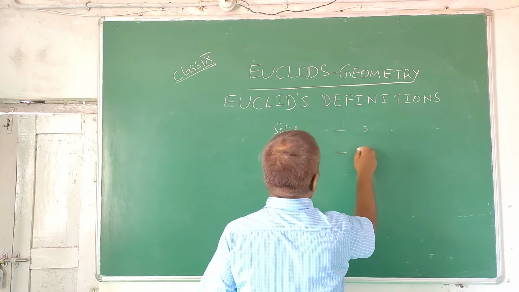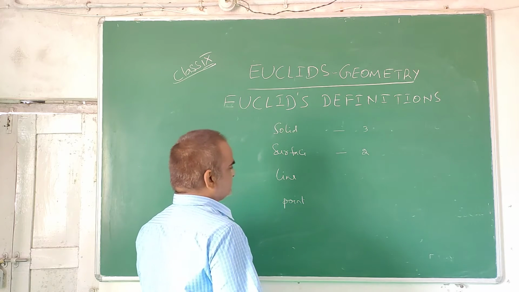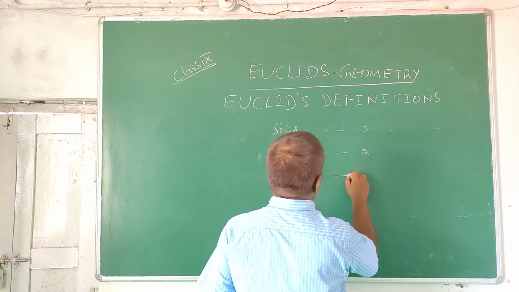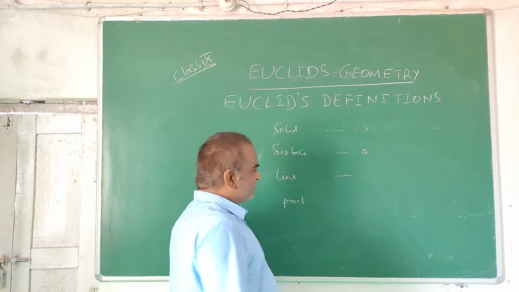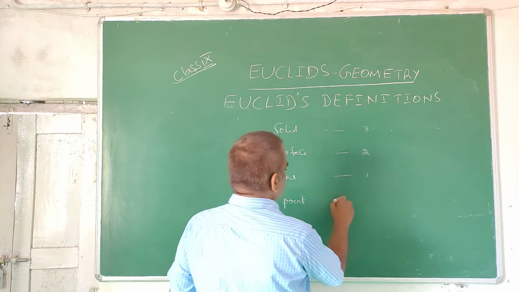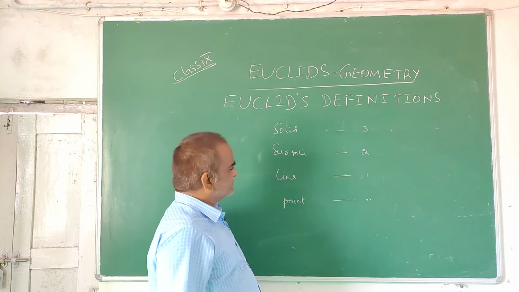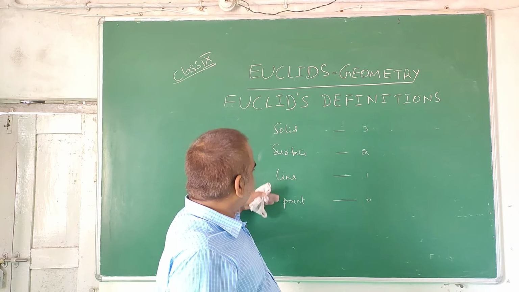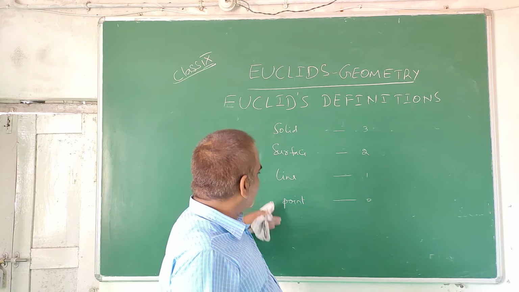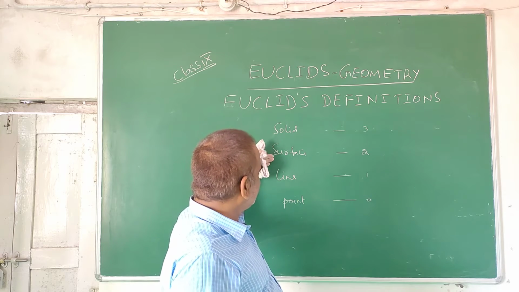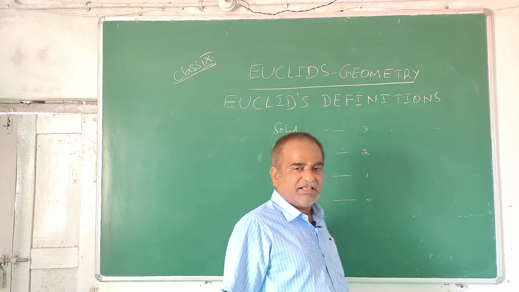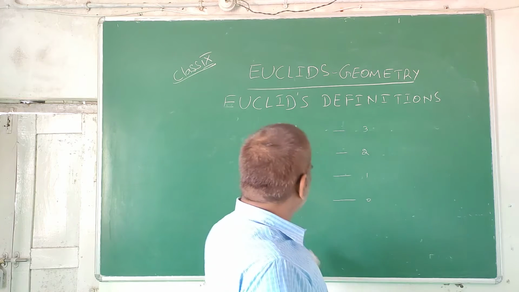A surface has only length and breadth, 2 dimensions. A line is breadthless length, only 1 dimension. A point has no part in it. So step by step you can see we are losing 1 dimension: solid to surface, surface to line, line to point. It is the most important point that you have to understand.